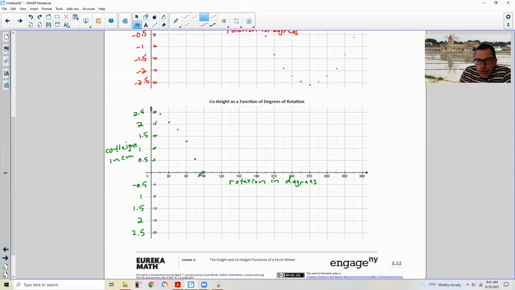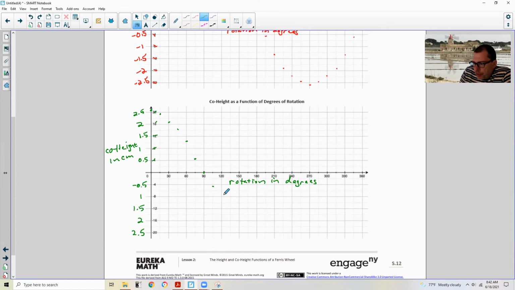Continuing, we then go to 1.8. Let me make sure I got this right. After 90 degrees, 105, negative 0.6, which is here. Okay.